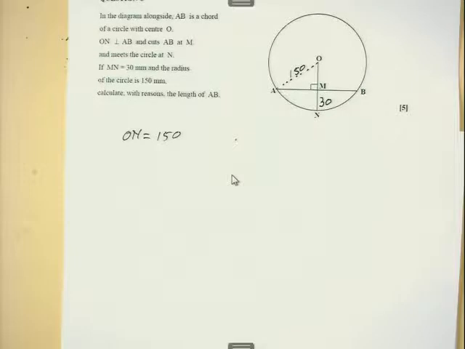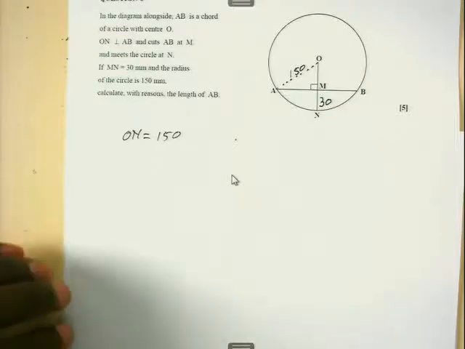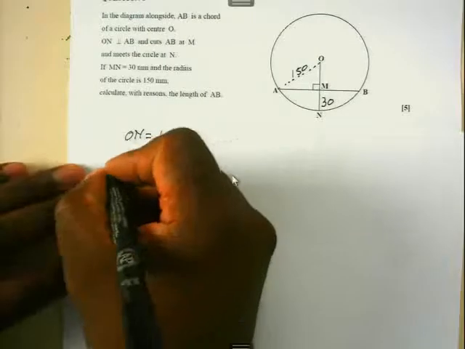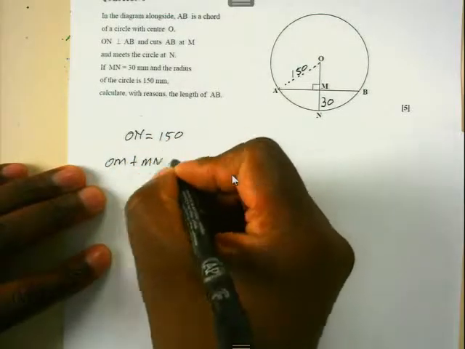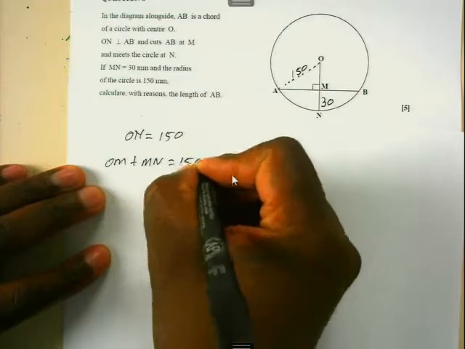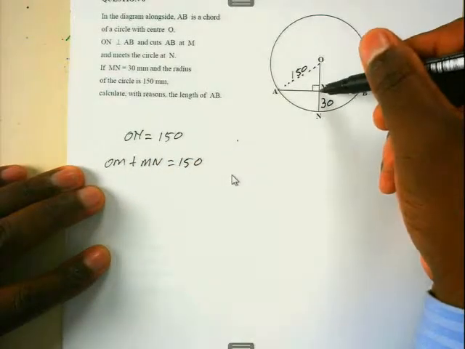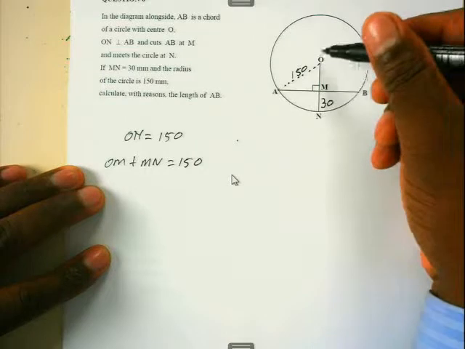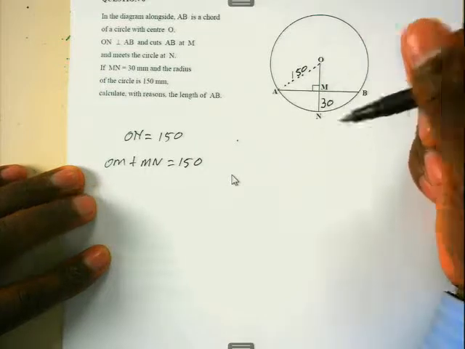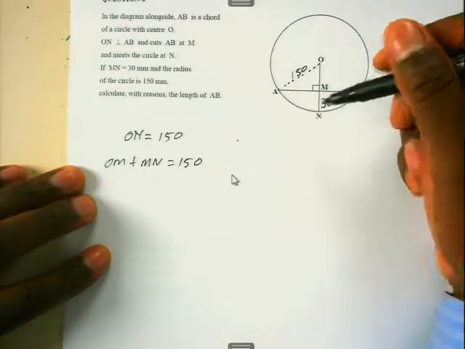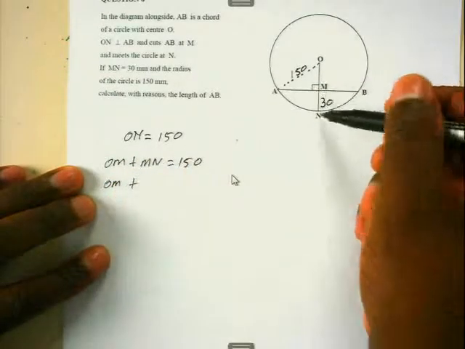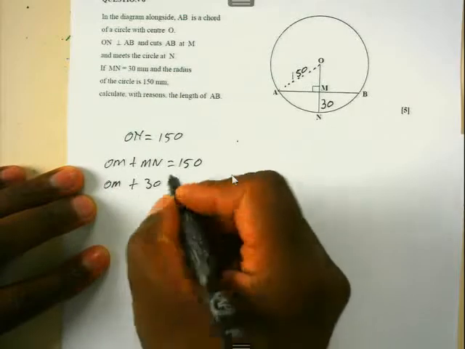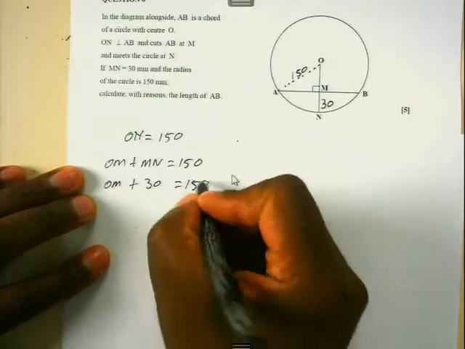But if we check, ON is divided into two: ON is divided into OM plus MN. They must give us 150. So we can work out the length of OM. OM plus MN, where MN is given as 30 millimeters, is equal to 150 millimeters.